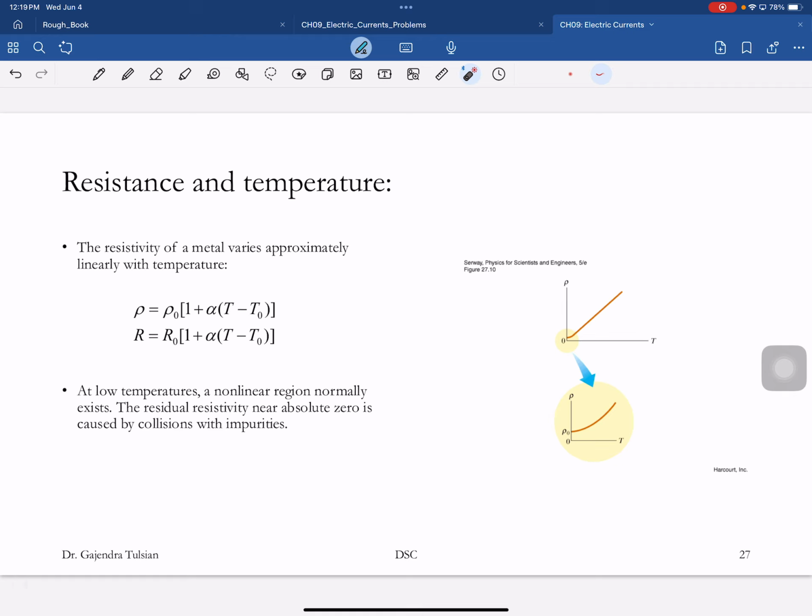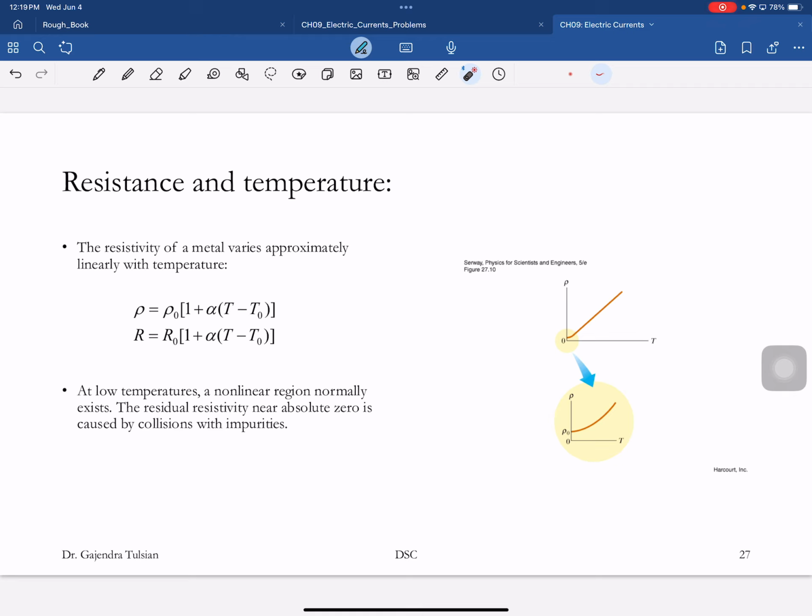For most metals, the resistance varies linearly with temperature. Alpha is called the temperature coefficient. It varies linearly.